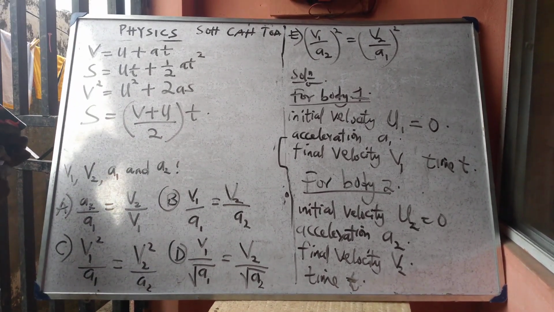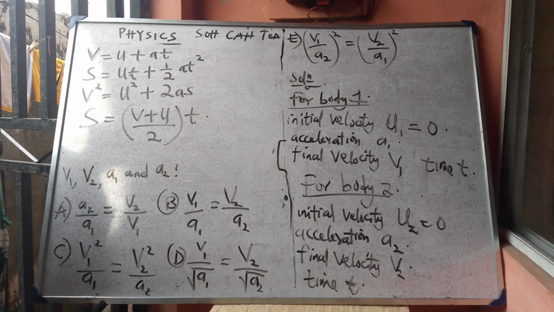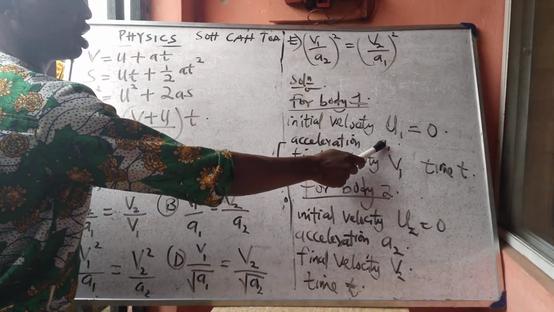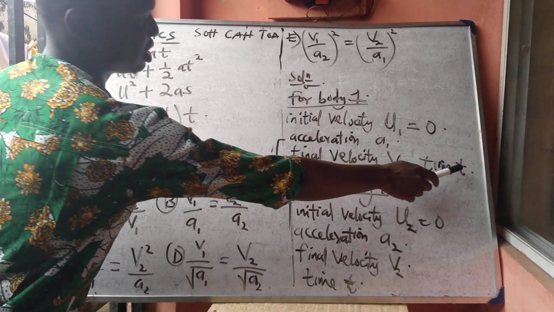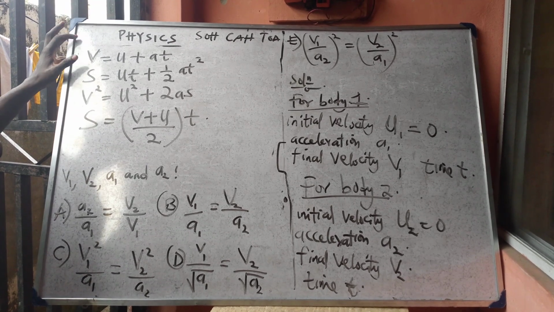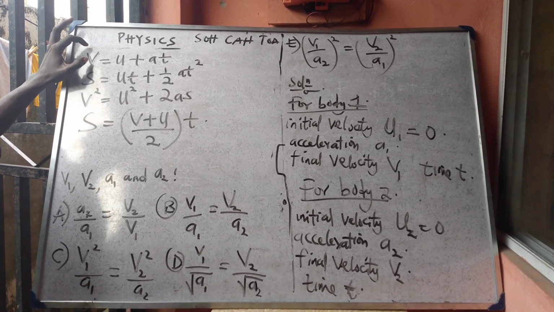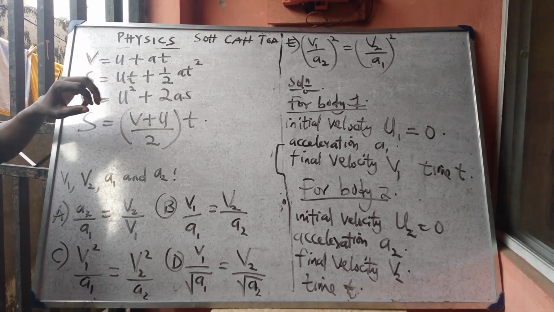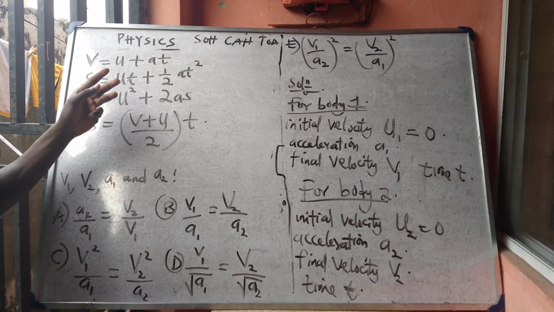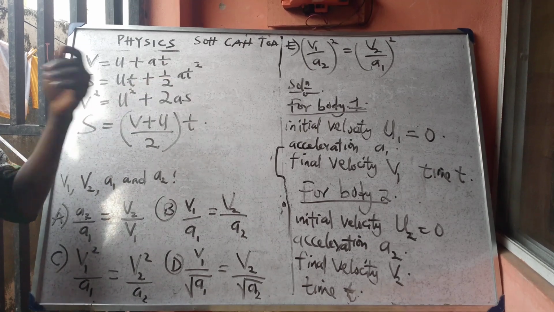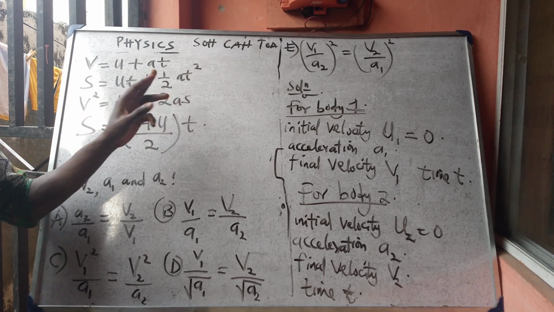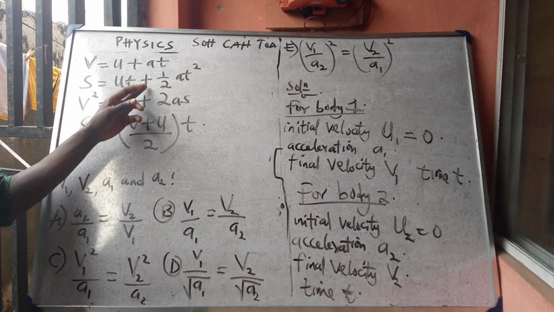Now, which of them do you think will be convenient in solving this question? First, you analyze the parameters given to you. You have the initial velocity, the acceleration, the final velocity, and the time t. So I believe the first equation will work, because we have final velocity, initial velocity, acceleration and time. The other ones involve distance, so these will not work.